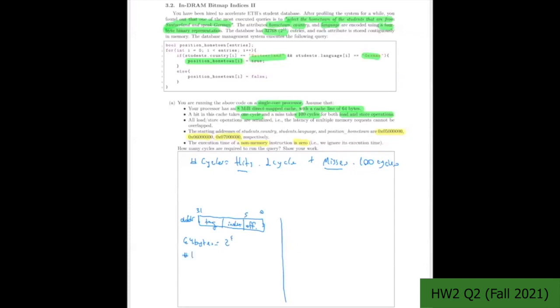The number of cache lines is equal to the cache size, which is 8 megabytes, so 2 to the 23, divided by the cache line size, 2 to the 6, and this is going to be 2 to the 17. So you need 17 bits for the index, which goes from bit 6 until 22. Then bits 23 to 31 are the tag.